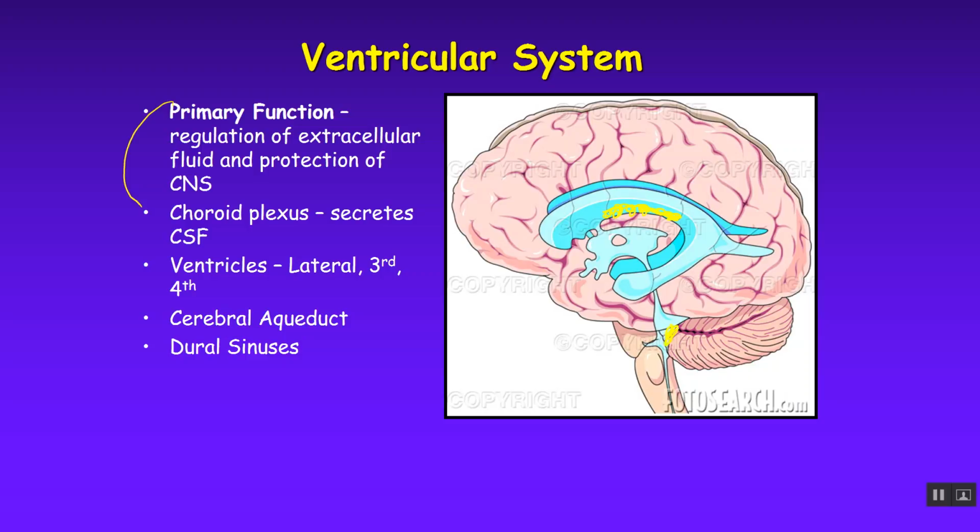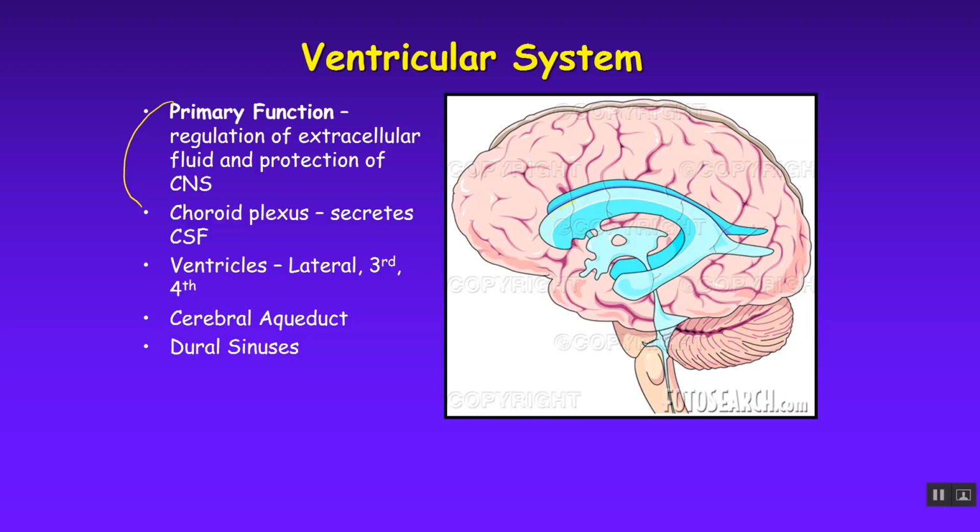They've got some on the floor of the fourth ventricle, a little bit in the roof of the third ventricle, and that's how you basically get your cerebrospinal fluid. It's basically a filtration system that filters your blood to create that clear cerebrospinal fluid.